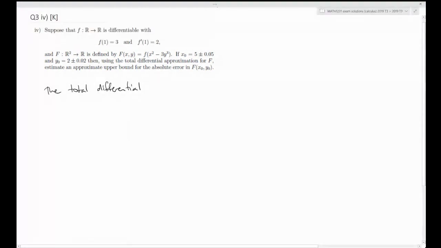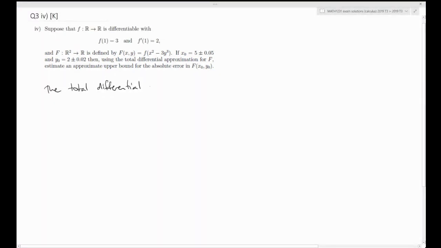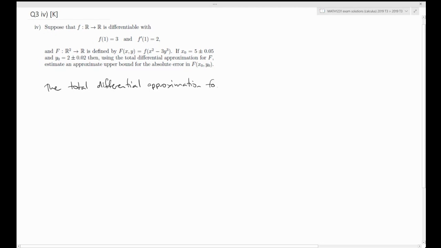The scroll bar is very annoying. The total differential approximation for F is, okay, so delta F is like a change in F, and that will be approximately equal to the rate of change of F in the X direction times the change in the X direction plus the rate of change of F in the Y direction times the change in the Y direction.